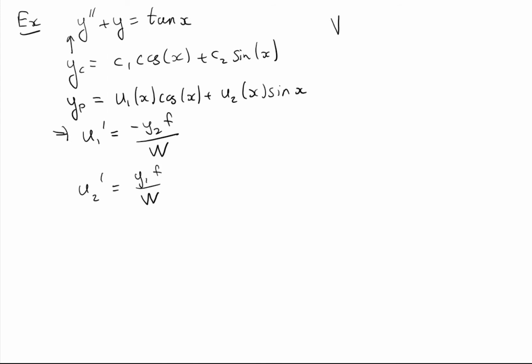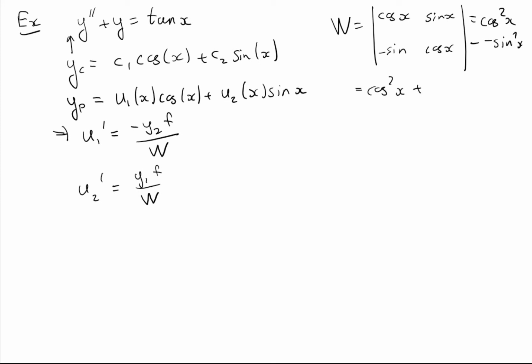What is the Wronskian? It's the determinant of your two solutions, being taken care to keep them in the same order. So cos, sine, derivative of cos is minus sine, derivative of sine is cos. That is cos squared minus sine squared, that's cos squared x plus sine squared x, that's 1.